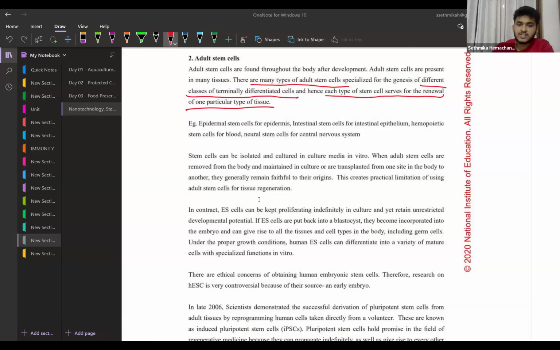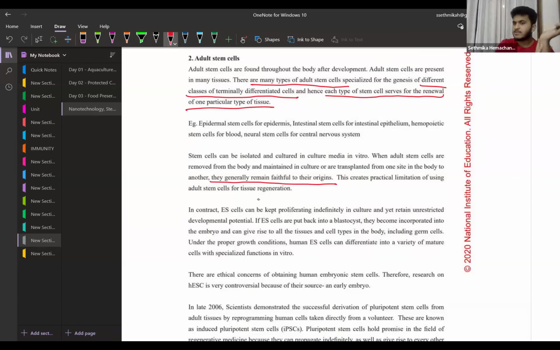Stem cells can be isolated and cultured in culture media in vitro. When adult stem cells are removed from the body and maintained in culture or are transplanted from one side of the body to another, they generally remain faithful to their origins. Now, embryonic stem cells you can program to form any type of cell. But for the regeneration of your epidermis, you need epidermal stem cells.